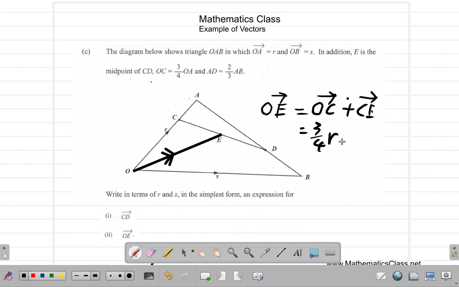Here, you're going to add CE. But what is CE? CE is half of CD. You see that? Now what was CD again?